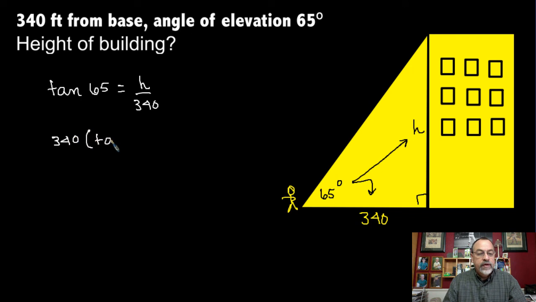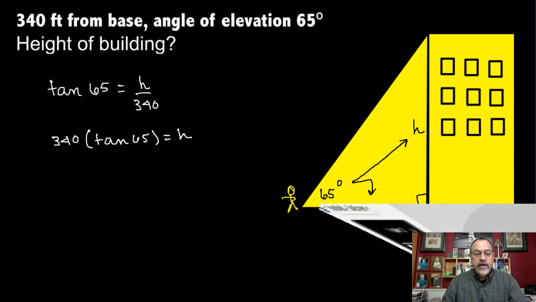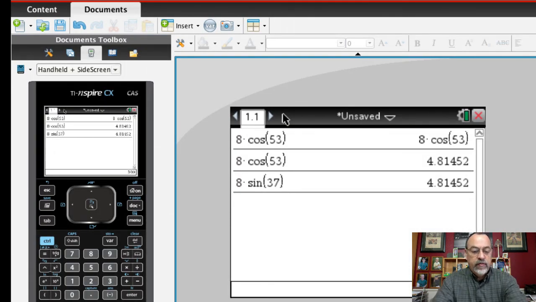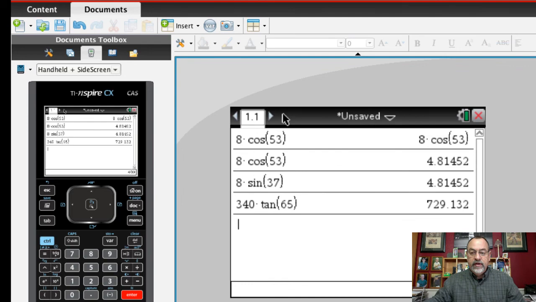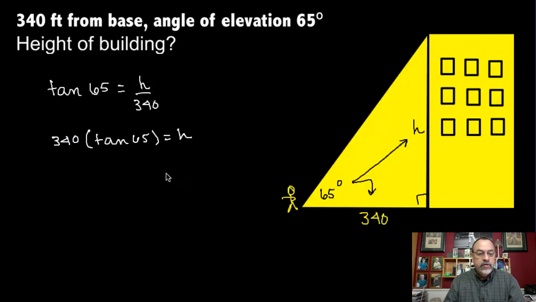So 340 times the tangent of 65 is going to give me the height of the building. So we'll go ahead and calculate that. We need 340 times the tangent of a 65-degree angle, and that's going to give me 729.13 feet high.